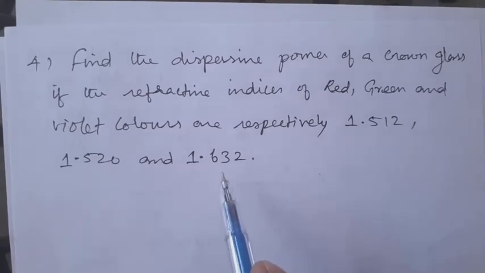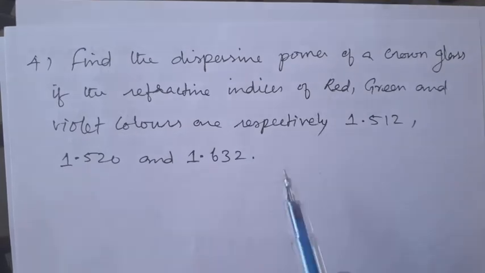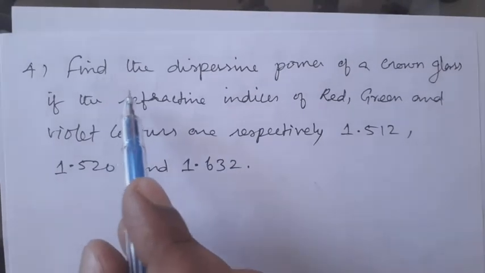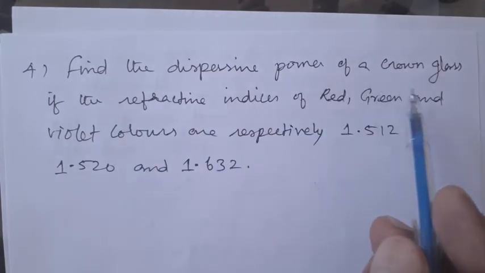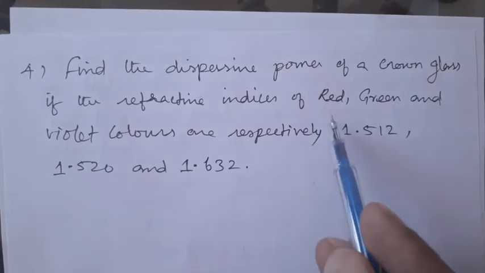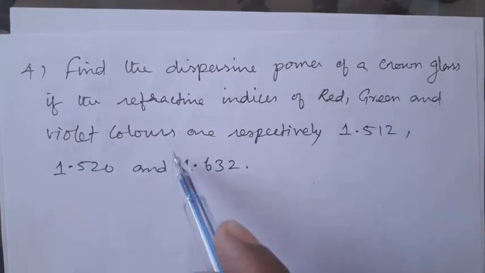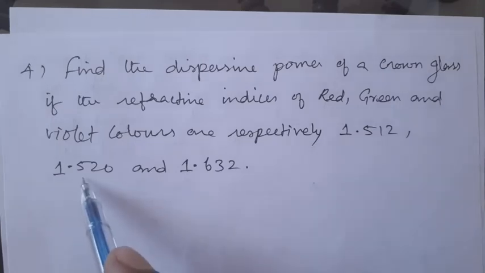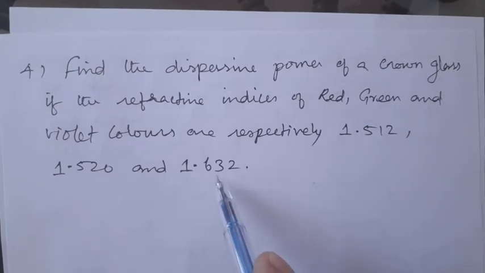This is related to refractive index and dispersive power. Now find the dispersive power of a crown glass if the refractive indices of red, green and violet colors are respectively 1.512, 1.520 and 1.632.